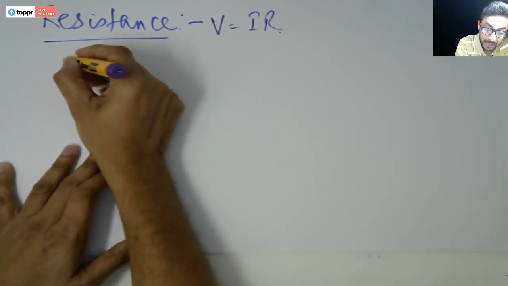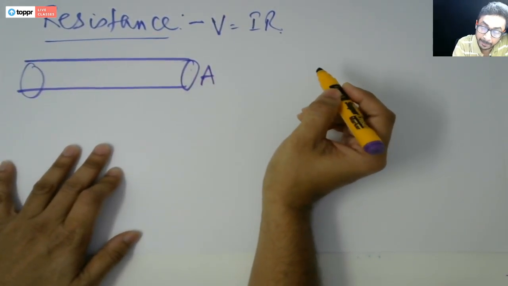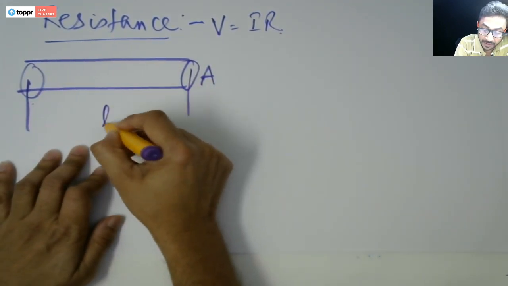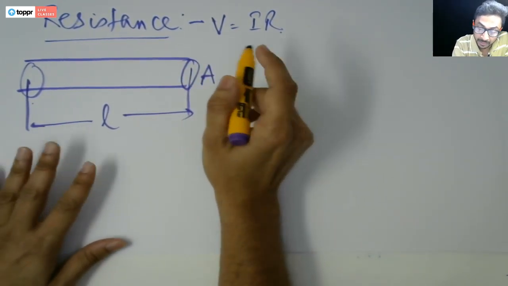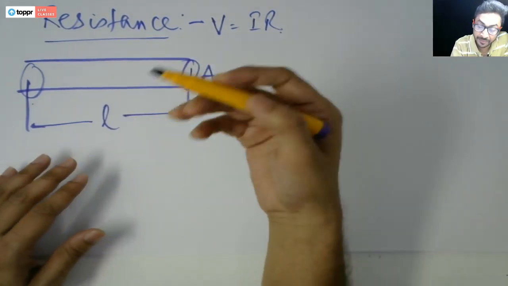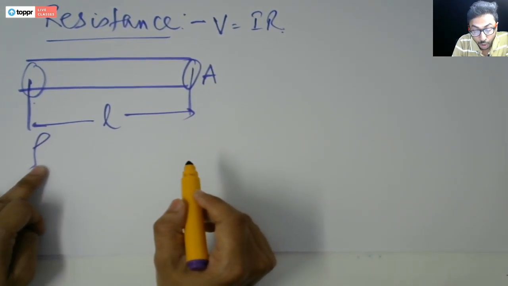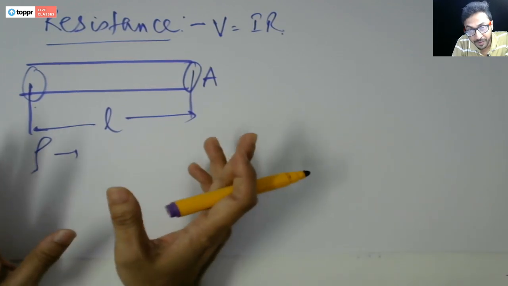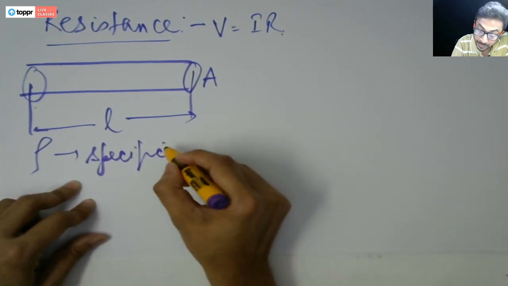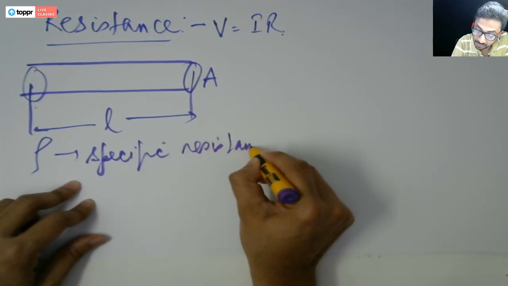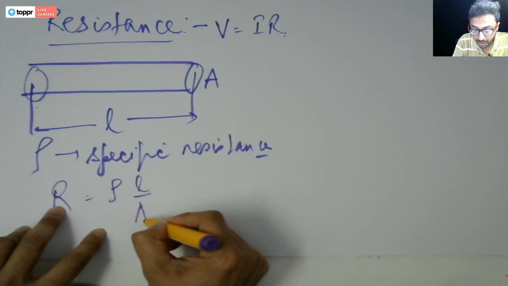You also know that in a conductor, if the cross-section area is A, the length of the conductor is L, and the resistance is different for different materials, we have a quantity called rho, which is different for different materials and is called the specific resistance. I'll discuss it in more detail. The relationship for resistance is R equals rho L by A.